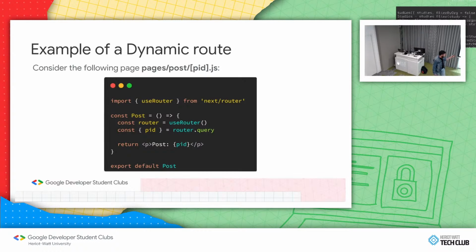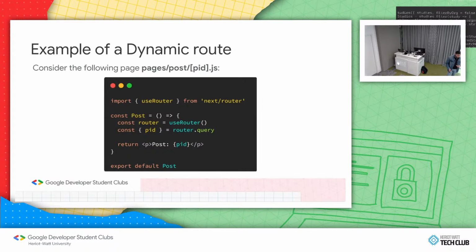And basically, what the router gives us is access to something called query. What query is basically whatever your route has in its URL that can be represented in an object structure. So suppose you're visiting a dynamic URL called post slash, suppose, 1 or 2 or something.